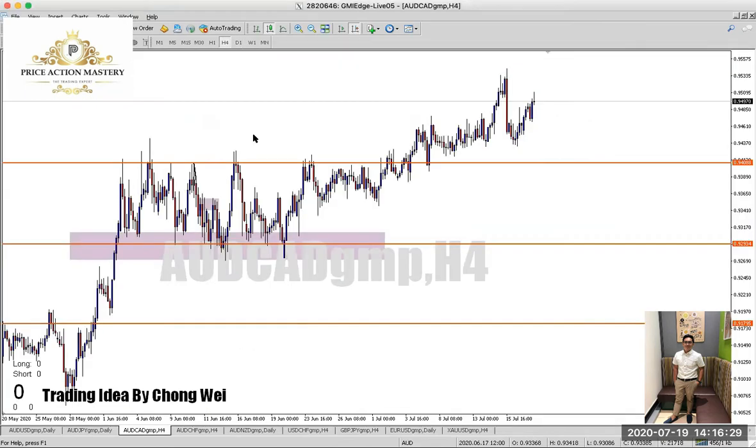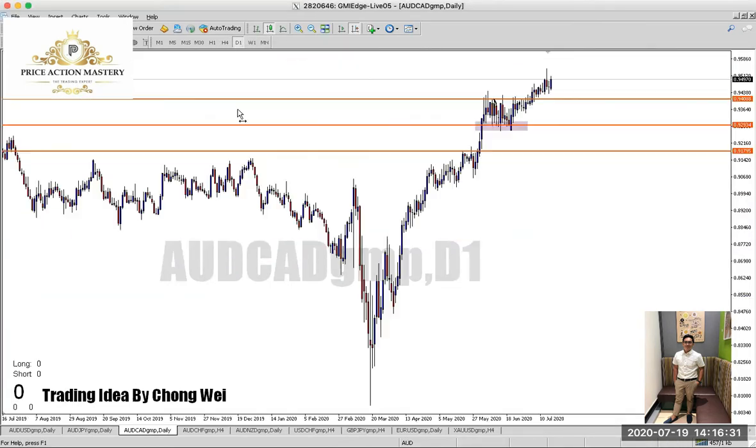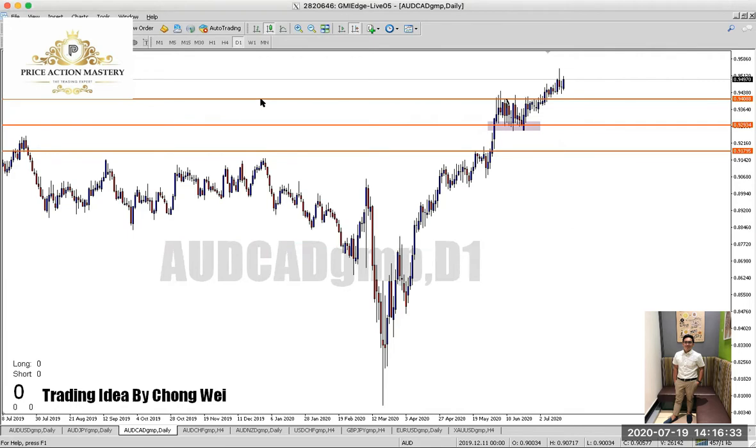Next will be AUD CAD. Very obvious uptrend, even though it moves in a channel, so I will look for a buy. Of course, I will look to buy when the market retests this level.